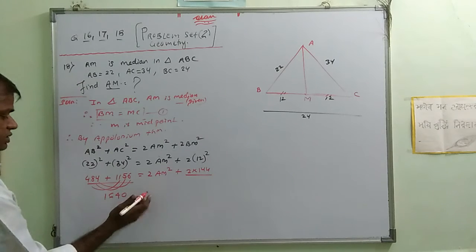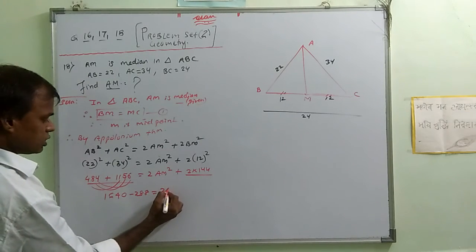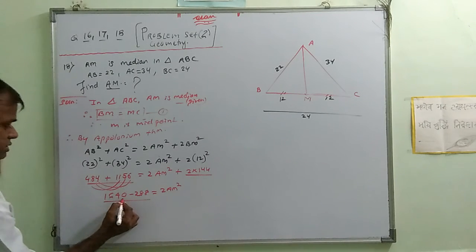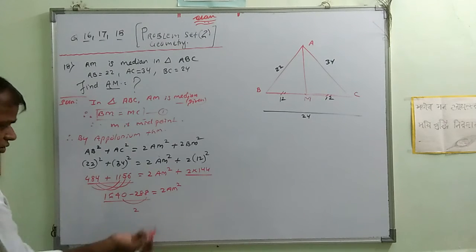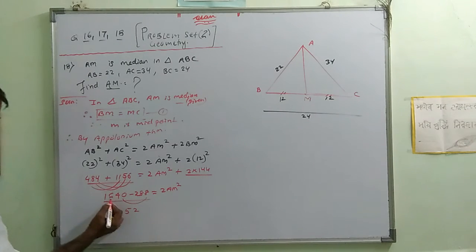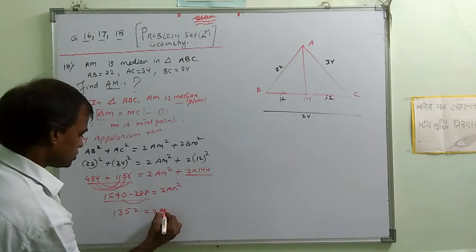This 288 comes here, minus, equals 2AM square. 10 minus 8 becomes 2. 3 minus 8 not possible, 13 minus 8 is 5. 5 minus 2 is 3. Carry 1. So we get 1352 equals 2AM square.